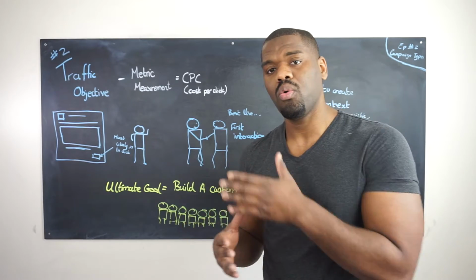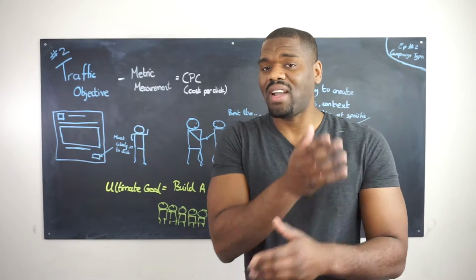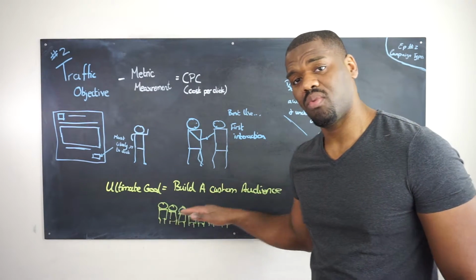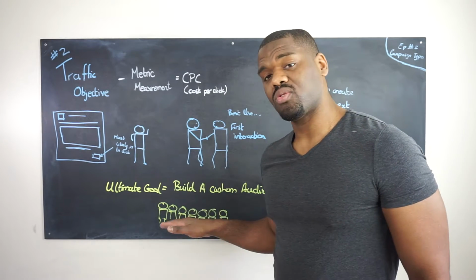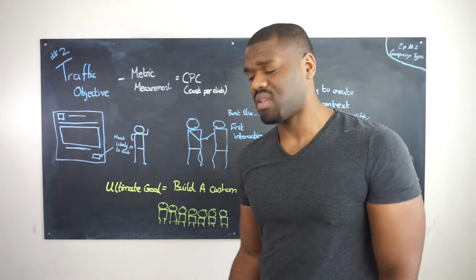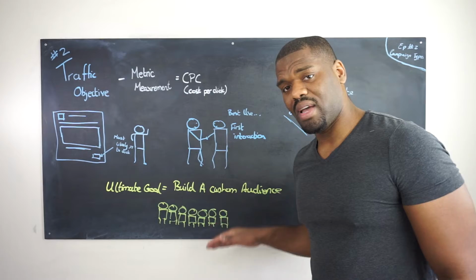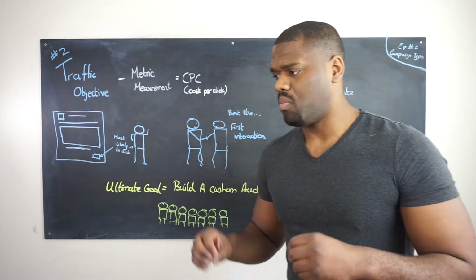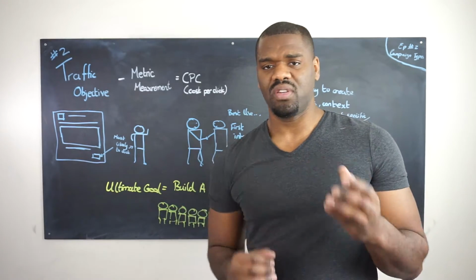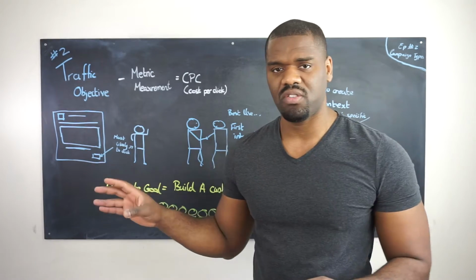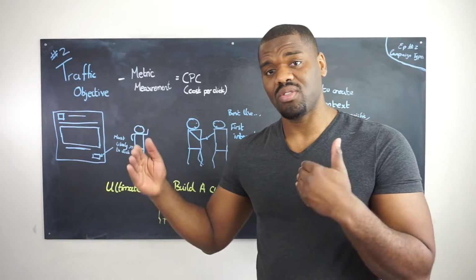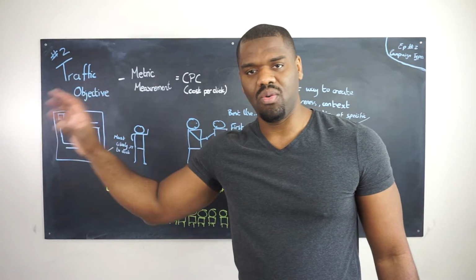In order to know who to go after based on recent activity or recent interactivity, you are going to need to put people into a custom audience. That means I have a pixel on my website that is given to you by Facebook. I put the pixel in my website, and anytime somebody visits my website, based on a number of different conditions, so people who have visited my website 3 times or more, people who have visited for X amount of time, people who have visited this specific page, that specific page, people who have come this number of times in a certain number of days, put them inside of an audience.